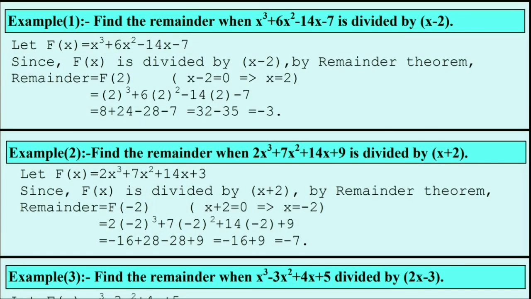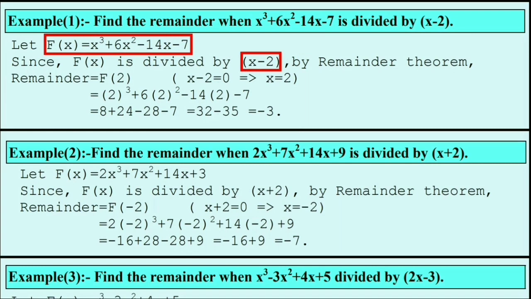Now, let's take some examples and we solve it and find out the remainder with the help of remainder theorem. The first example is to divide the polynomial. Here again we recall that relation, that is dividend is equal to divisor multiplied by quotient plus remainder.